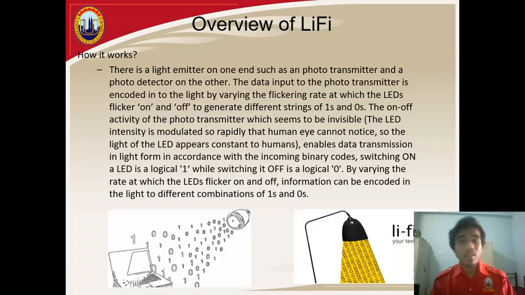The binary language is used for this communication: when the LED lights up, it is considered as 1, and when the LED is off, it is considered as 0. So the data will keep sending 101 101, depending on how the LED flickers, which cannot be seen vividly by our naked eye. So that's a brief recap of Wi-Fi.